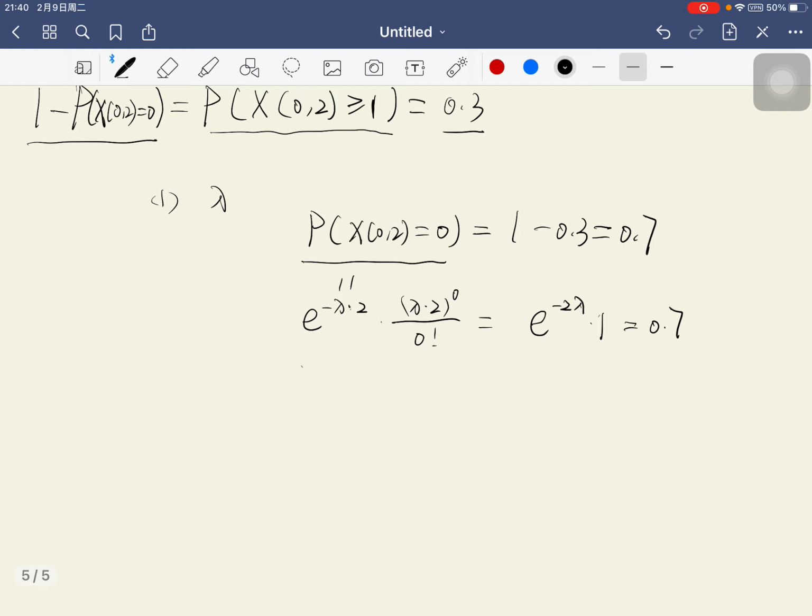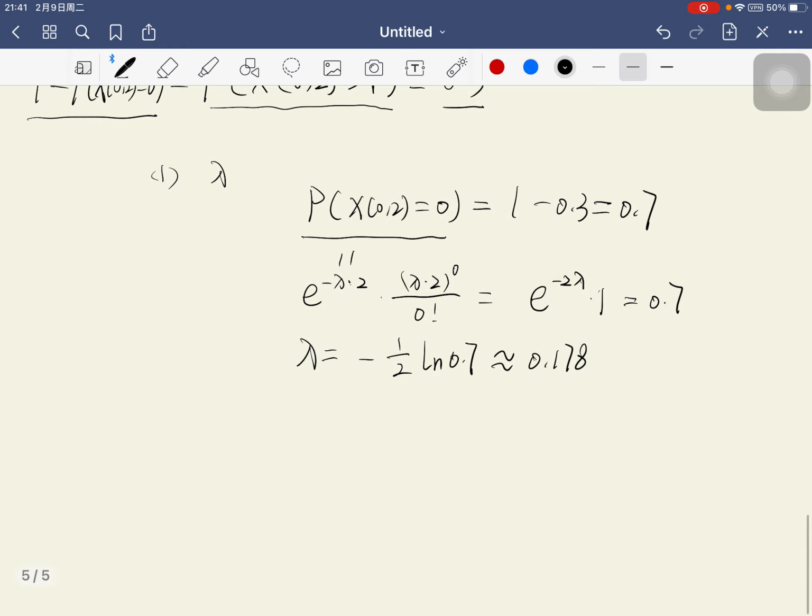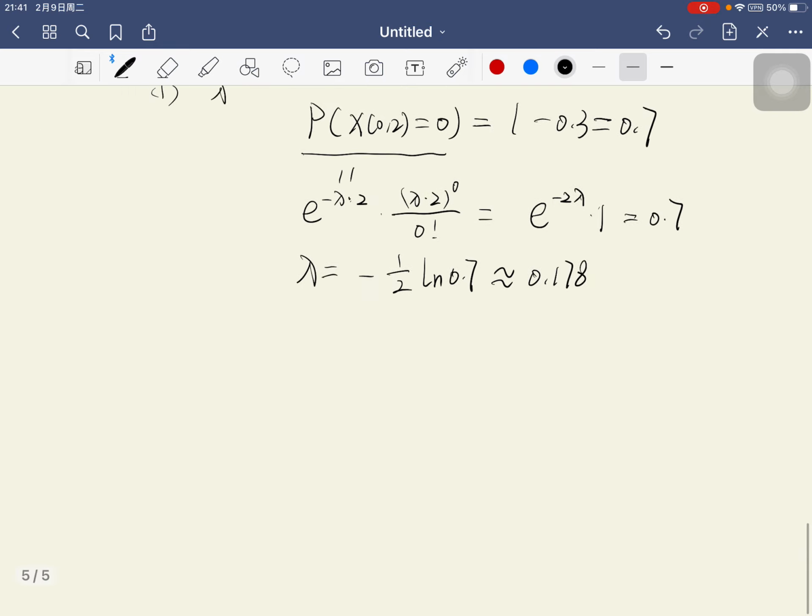So lambda is equal to minus 1 over 2 ln 0.7, which is about 0.178.